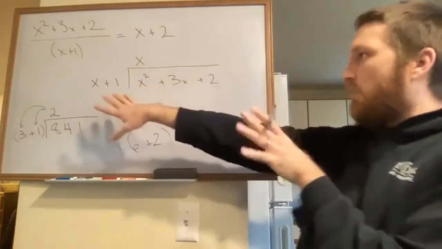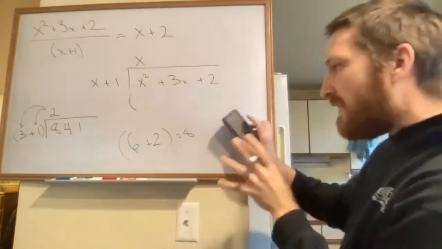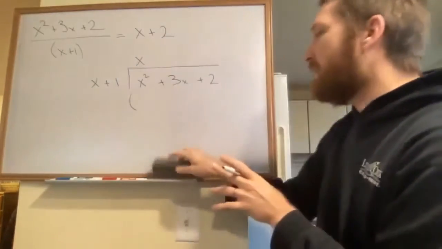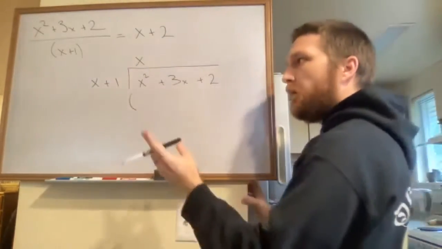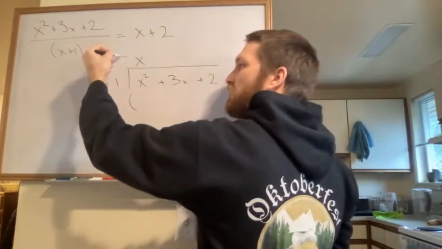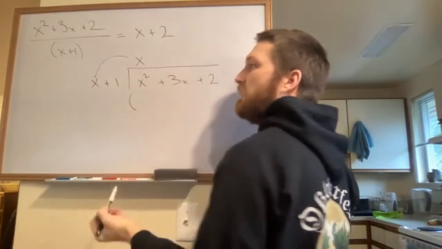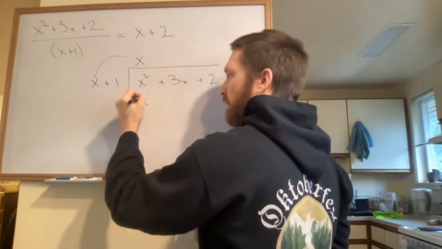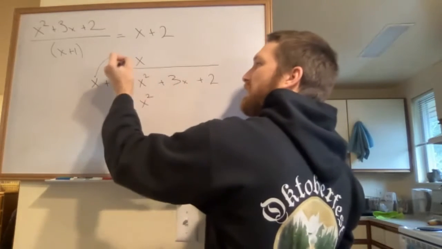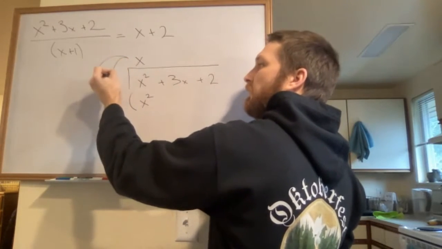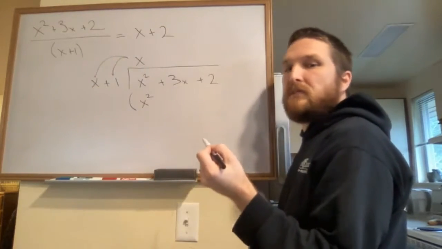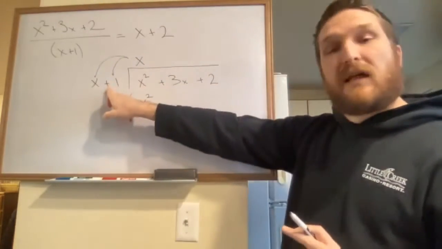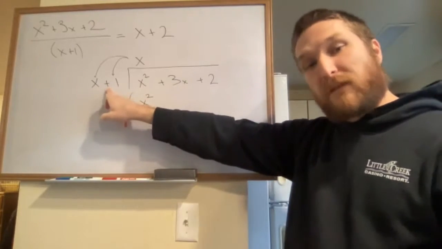That's the same thing we're going to do right here. We're going to take that x and distribute him into this x plus 1. So let's do that. The x jumps into here and gives me what? X squared. Then he jumps into here to give me x. And this is going to be really important. It's a plus x, right? Because it's a plus 1.